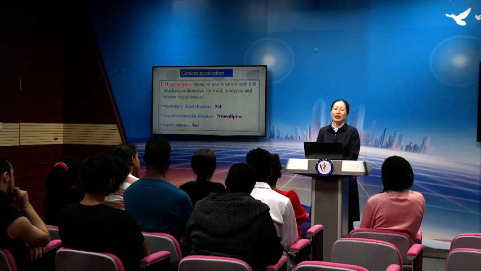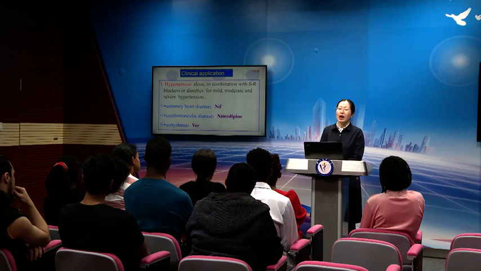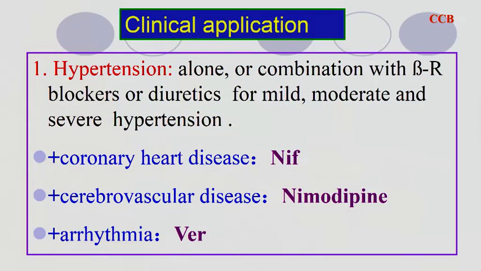Calcium channel blockers are especially good for coronary heart disease patients with hypertension. So now I have a question. If you have coronary heart disease patients with hypertension, among antihypertensive drugs, which kind is very useful?